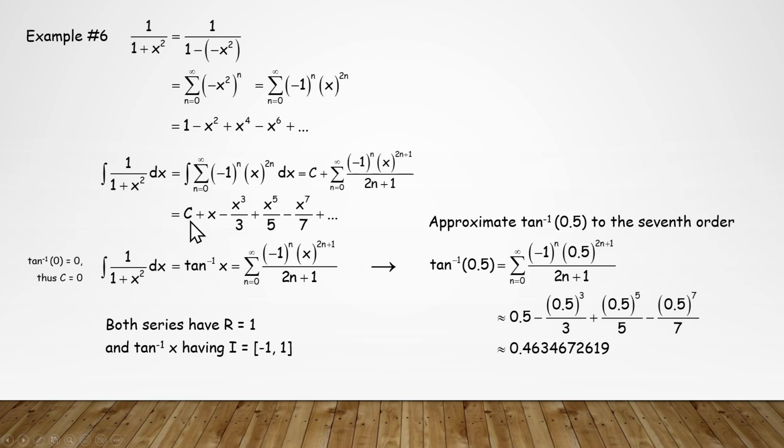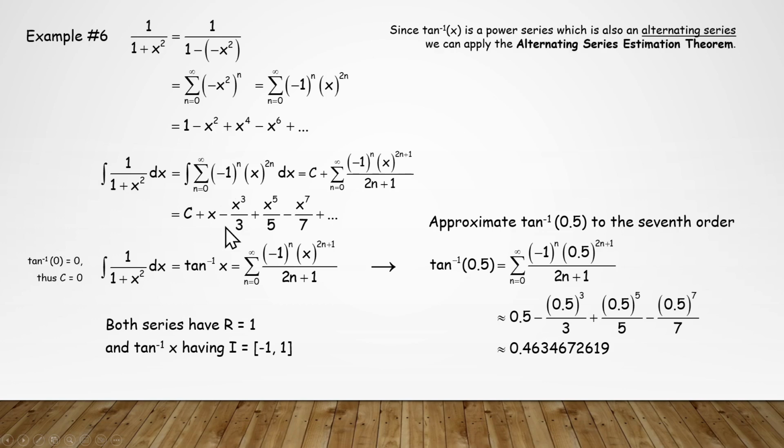Why am I making a big deal about this being an approximation? Because we would like to also know how close we are to the actual answer. And since tangent inverse of x is a power series, and this power series originally up here was alternating, it's still alternating down here. And because it's alternating, we can apply the alternating series estimation theorem we learned some lessons ago. And what was that again?